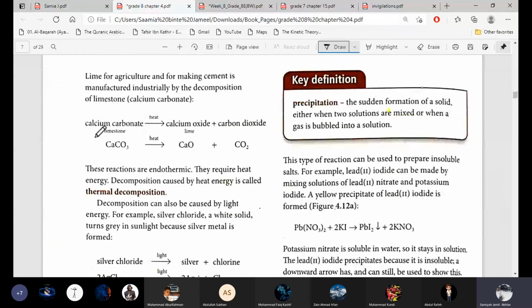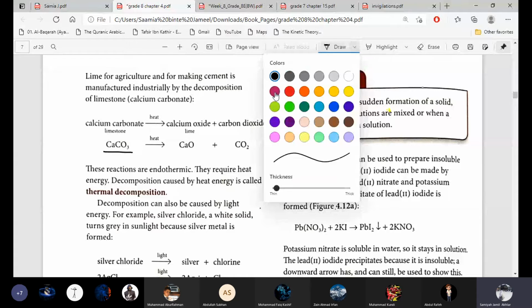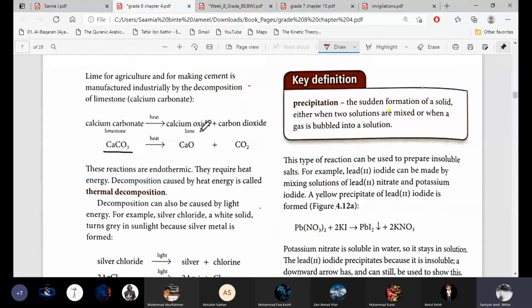Next page, another example: calcium carbonate, CaCO3, which is also known as limestone. After heating, it will decompose into calcium oxide and carbon dioxide. I told you that whenever we have carbonate, it will always break and give carbon dioxide.